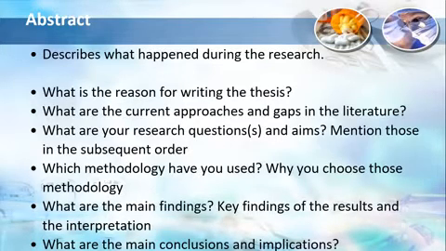So what sort of things do we put into the abstract? First of all, we need to describe what happened during the research, and the plan that we set up at first.